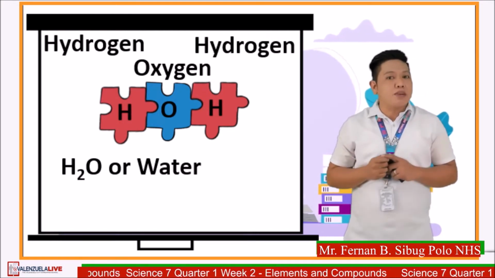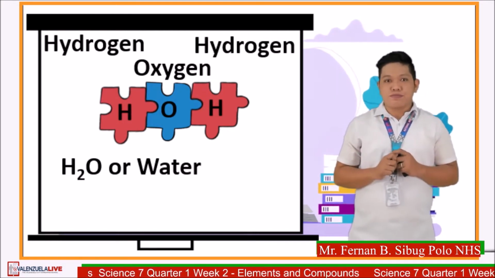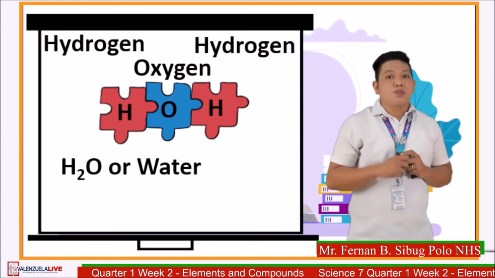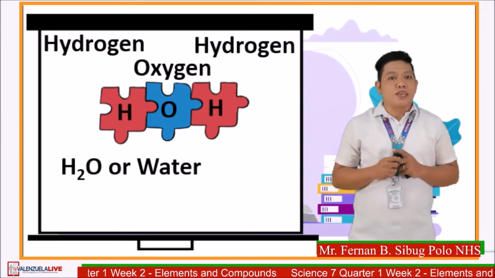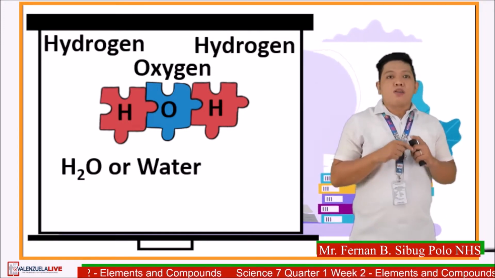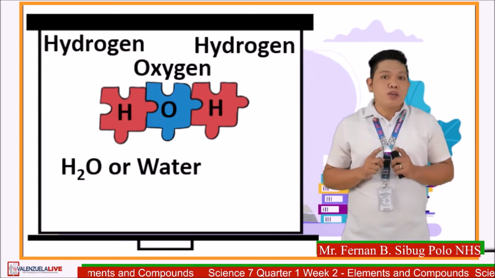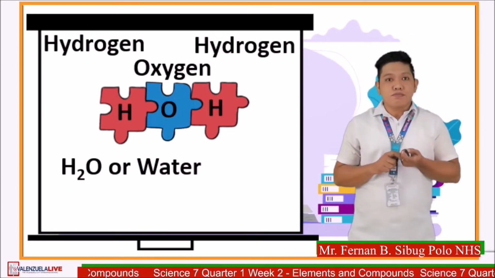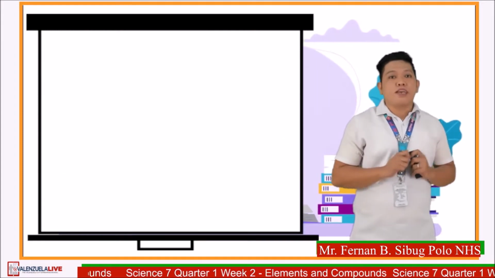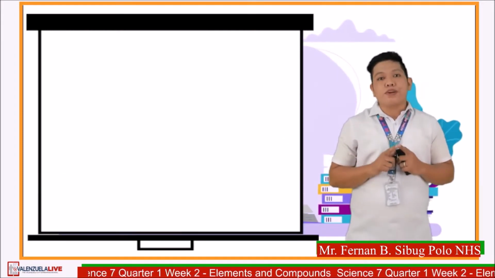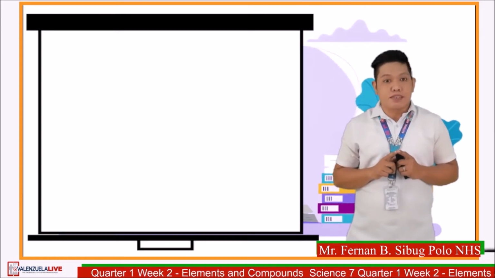How many elements are there? Two. We have the element hydrogen and the element oxygen. Therefore, water or H2O is an example of a compound. And again, compounds should be composed of 2 or more different elements chemically combined.